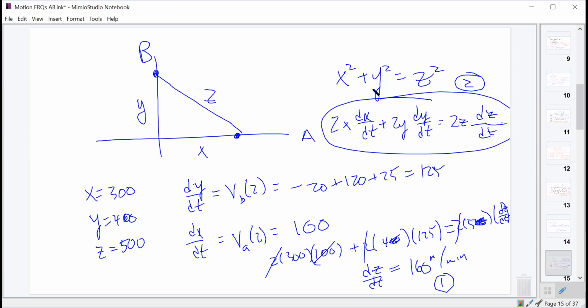Everyone good there with part D? Any questions? Wait, what was the point breakdown? 2 points for correctly implicitly differentiating x squared plus y squared equals z squared with respect to t. 1 point for 160 meters per minute. Okay, thanks.